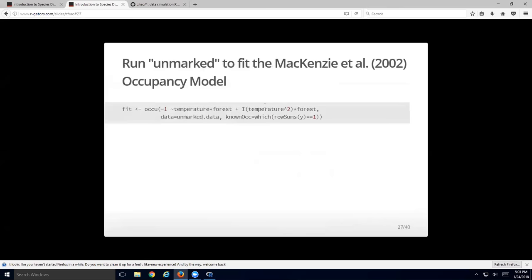So here, if you don't have the Mars, and if you want to consider this kind of complicated non-linear relationship, you need to write 12 models from the simple list. For this part, from here to the end of the line, you can only have temperature, or only forest, or temperature plus forest. You can have temperature times forest, but that doesn't include the quadratic form.